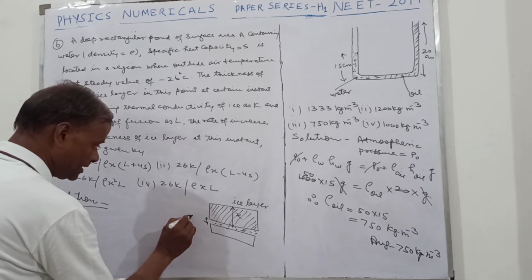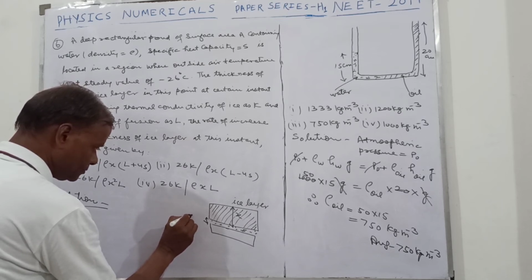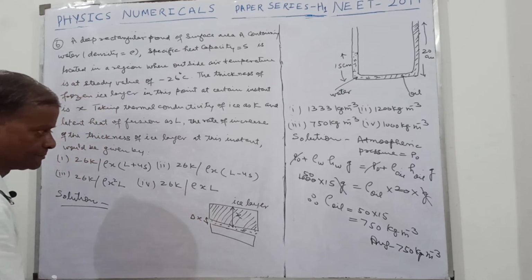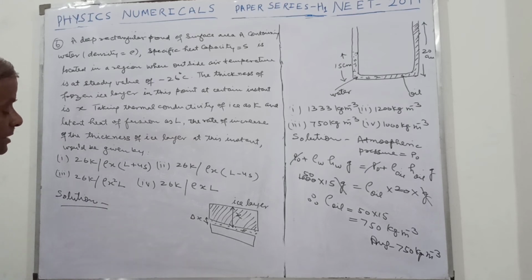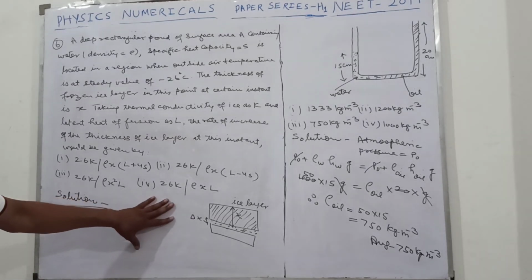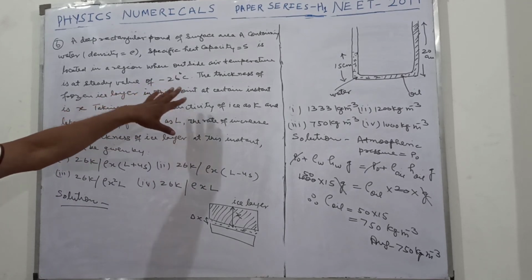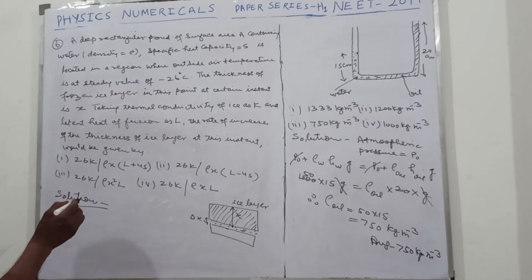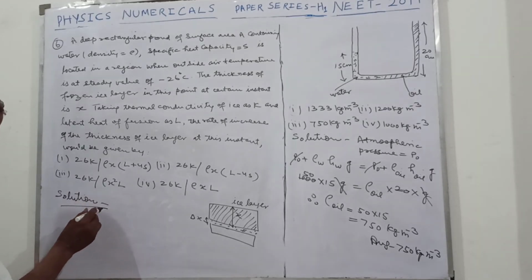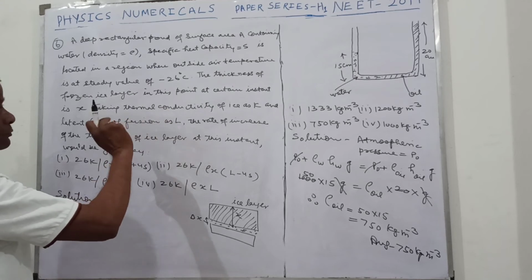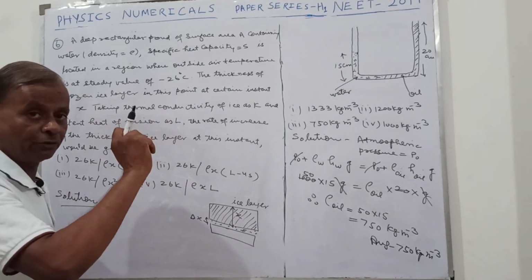Let this be now delta x. So what the energy will be taken from the outside air, we will write down as Q.